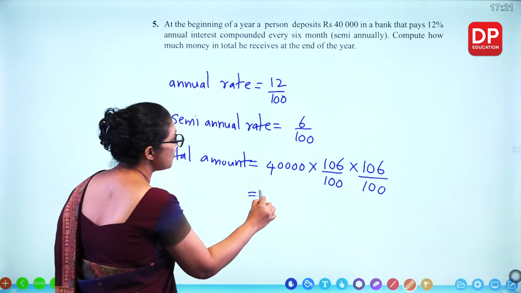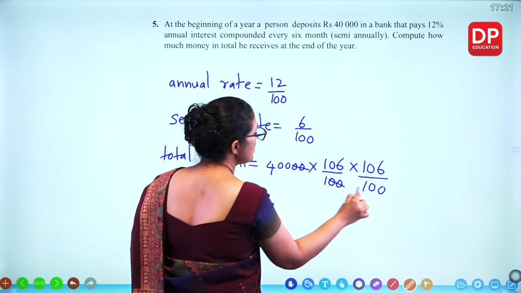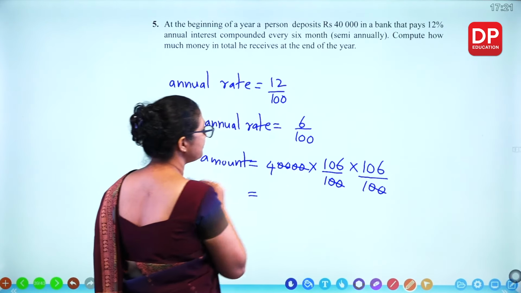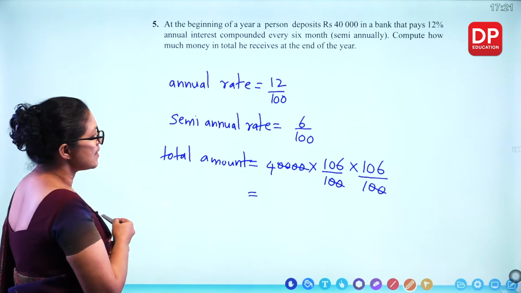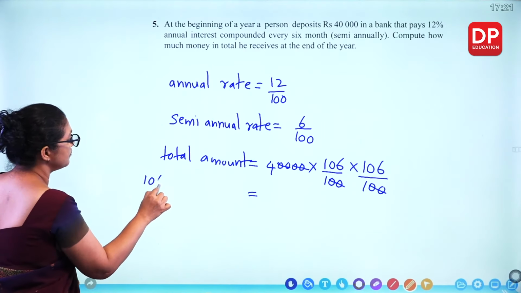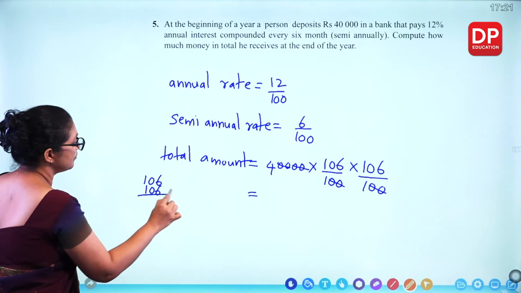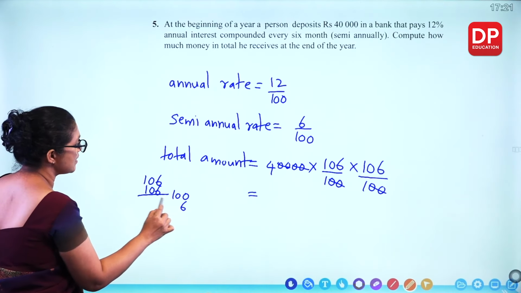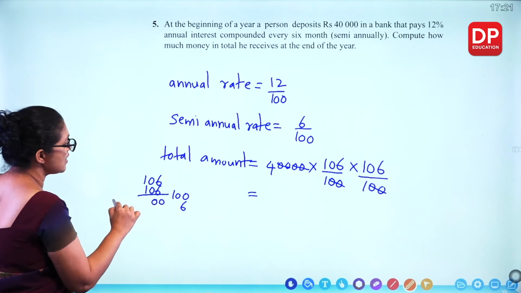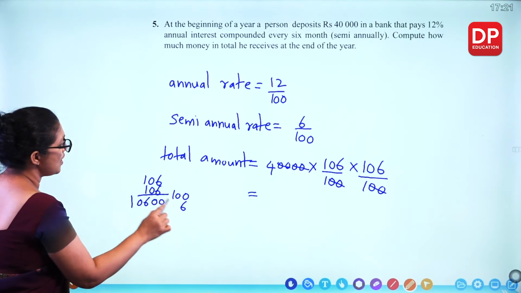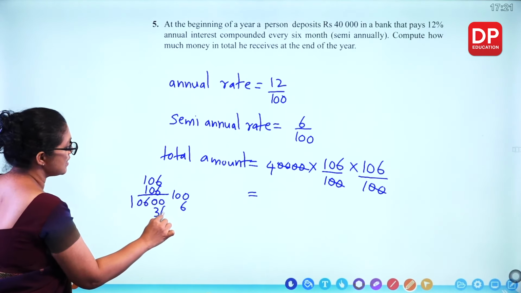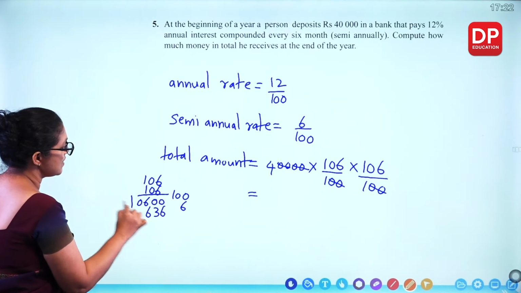So we'll simplify 2 zeros and 2 zeros. So 106 times 106. 106. So 2 zeros and you get this one. 6 times 6, 36 and 6 here.